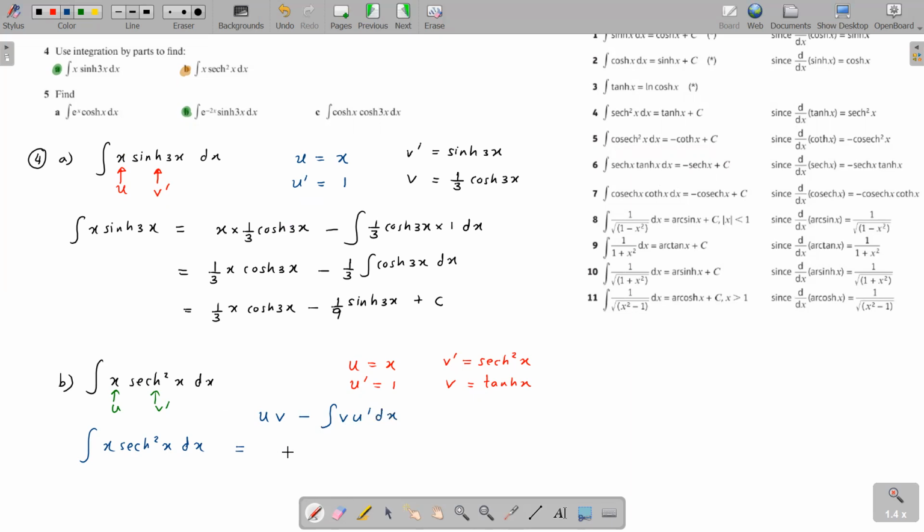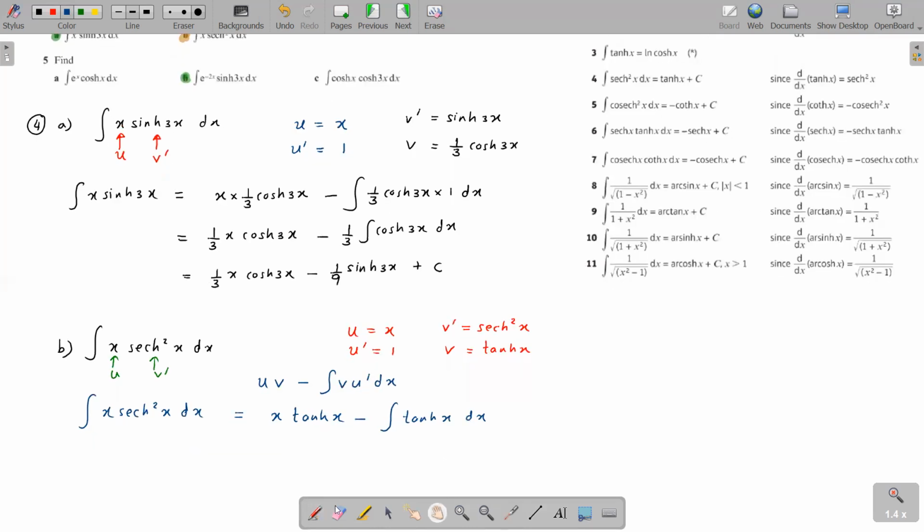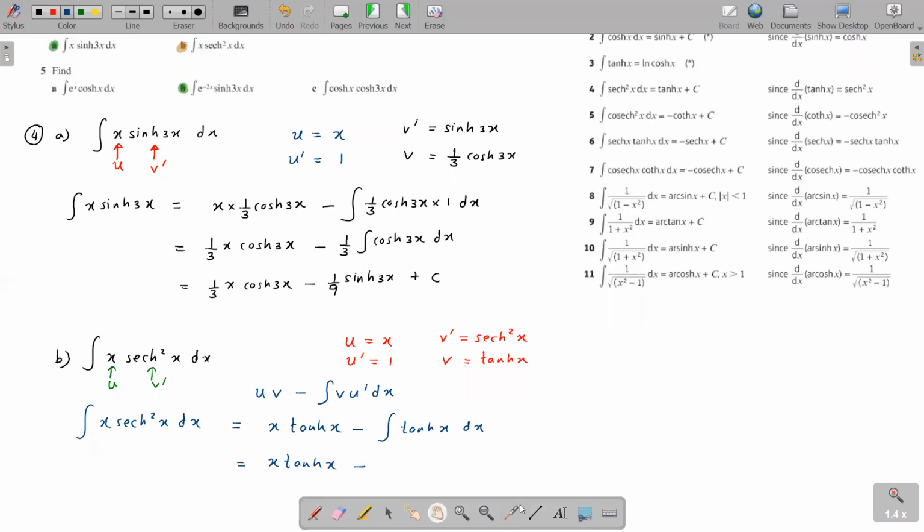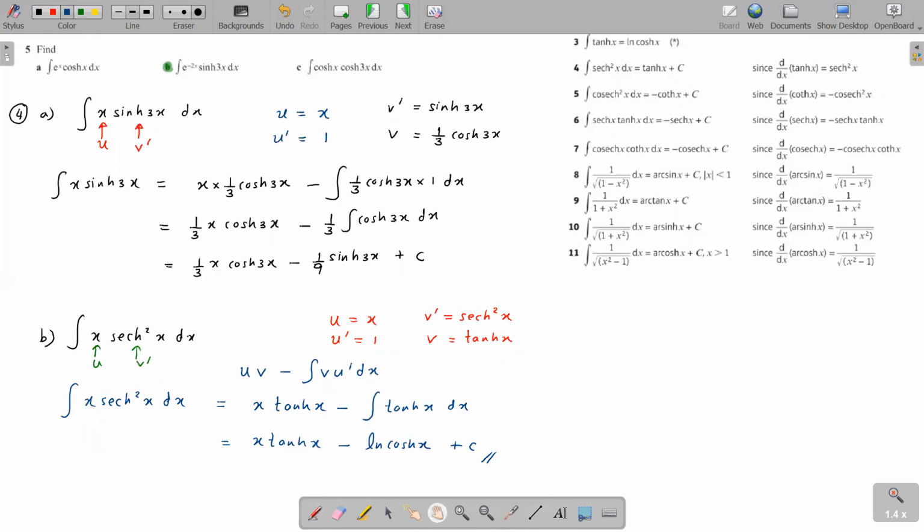So let's substitute: u is x, v is tan x, minus integration v is tan x times u dash is 1. So x tan x minus integration of tan x. The integration of tan x is given as minus ln cos x, plus c. So we are done with it. Can you see? Let's move on to fifth one, part B.